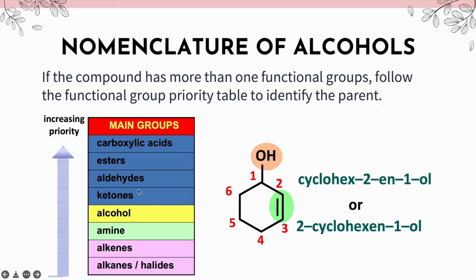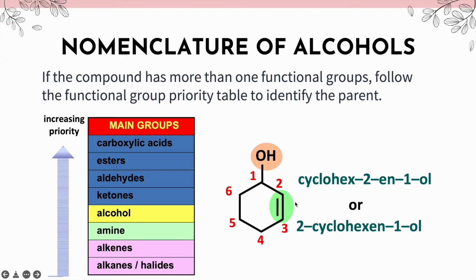If the compound has more than one functional group, follow the functional group priority table to identify the parent. This is the functional group priority table. Alcohol is below ketones, aldehyde, ester, and carboxylic acid.